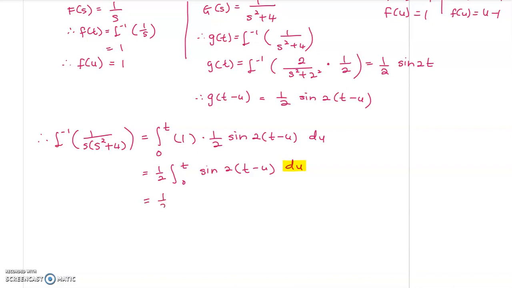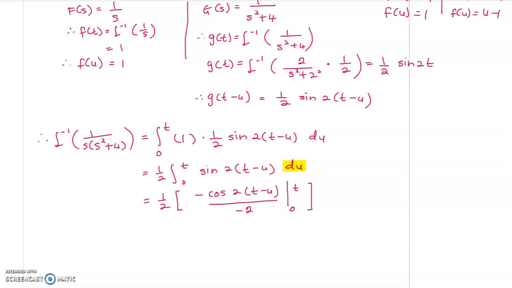So we have 1 over 2. Integrating the sine gives negative cos, so negative cos 2(t minus u), but don't forget we need to differentiate 2(t minus u) with respect to u. So we have over negative 2, not positive 2, because we differentiate with respect to u. Then we evaluate this from 0 to t.